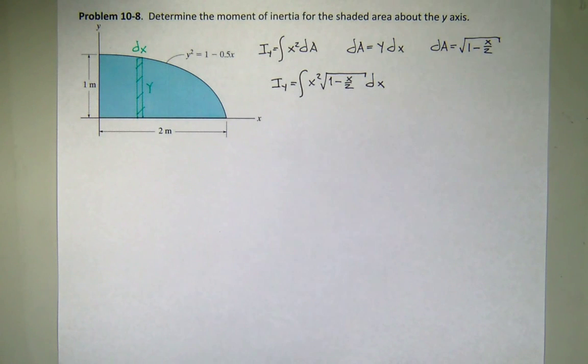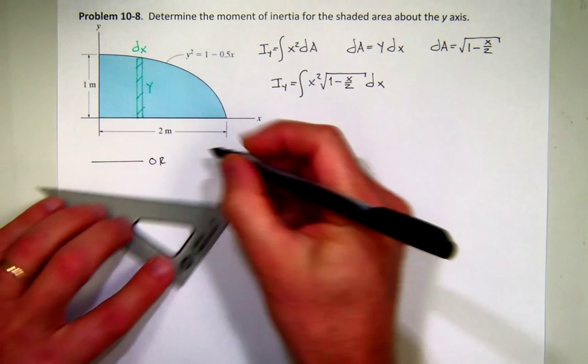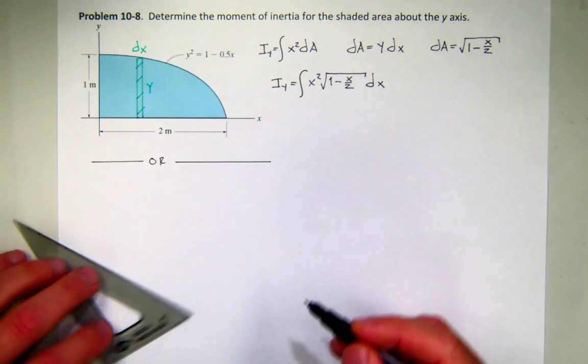I guess you could run the x squared in and get a bunch of stuff, but it gets a little messy. So I'm scratching my head on how to do the integration off the top of my head. So I decided to stop.